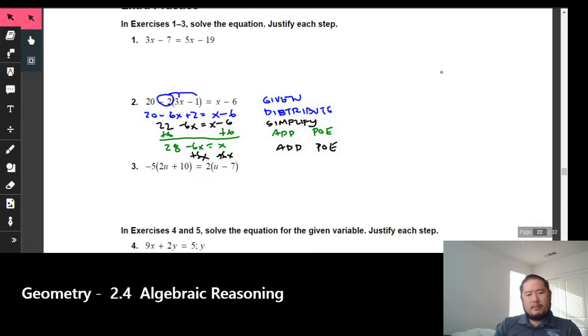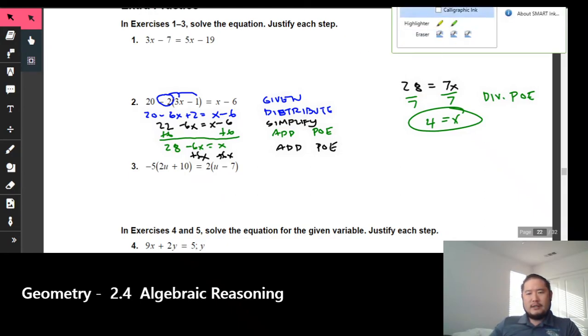And then I'll write things out over here where we got 28 is equal to 7x. And then lastly, we'll divide both sides by 7. We have our division property of equality. And x is equal to 4. And voila. So now we've justified and solved the equations.